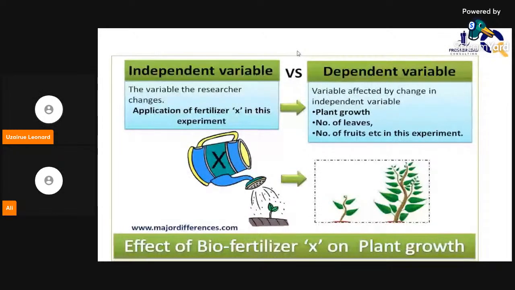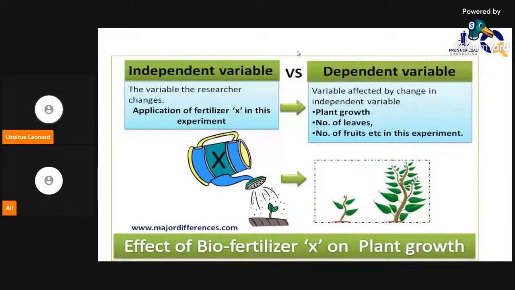When you apply fertilizer on a particular plant, let's say you have two groups of fertilizer, one manufactured by company A, another by company B. Then you apply these fertilizers to the same type of plant, having the same water source, the same light source, the same soil type, and all of that.